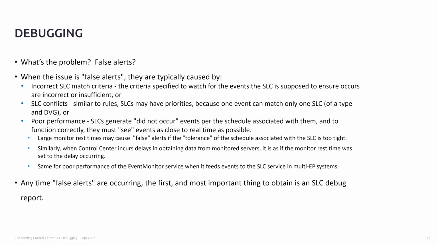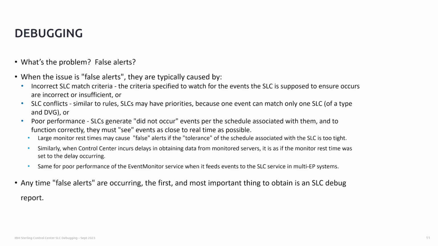SLC conflicts: workflow SLCs and wildcard SLCs have priorities, and if you have criteria that are common among your SLCs, they can both match the same event, so you need to set the priority appropriately for your SLCs. Another problem that occurs from time to time in systems that aren't performing well is that SLCs will generate did not occur events simply because it didn't get to process the events in time.